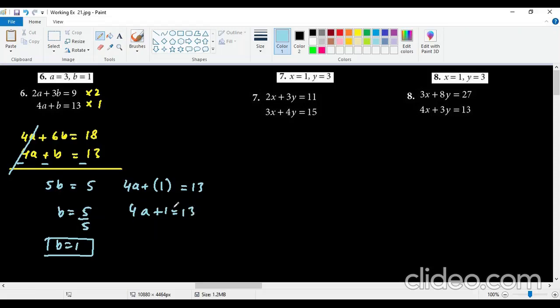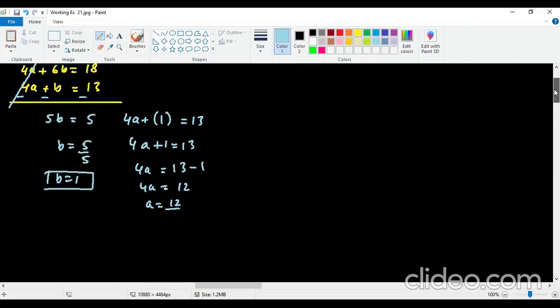Steps are extremely important for these types of questions. So 4a equals 12. That means a is going to be 12 divided by 4, which is 3. So the value of a is 3 and the value of b is 1.